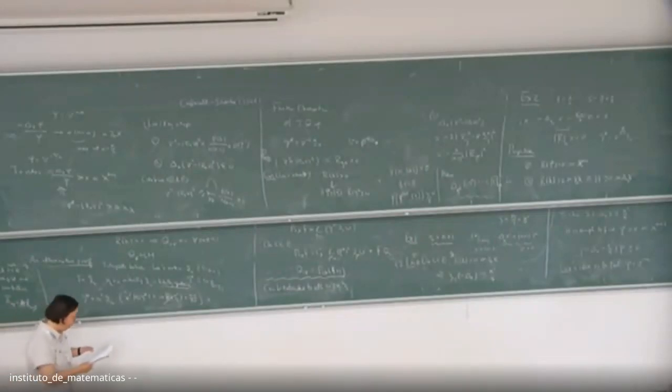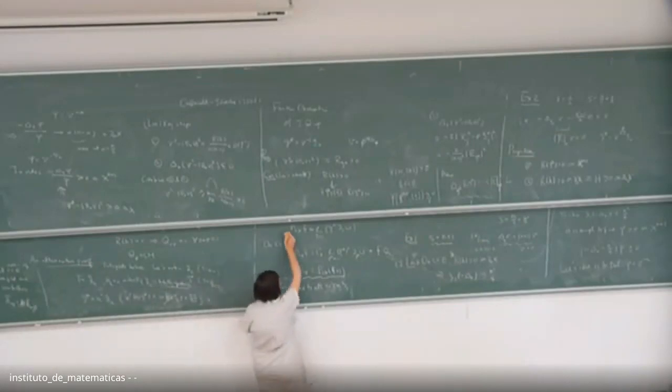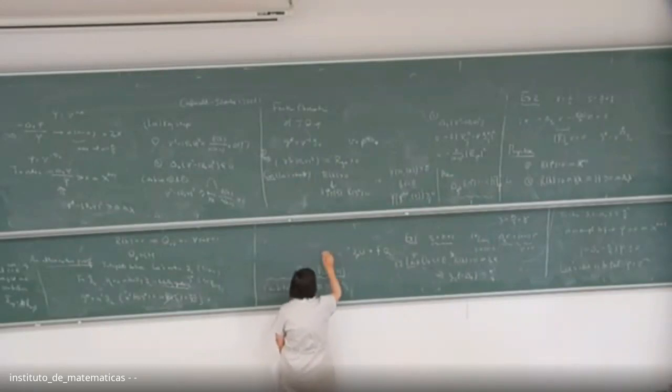But that you can do because then you can show by looking at, we know this metric has scalar curvature equal to 0. And use this conformal transformation law again.